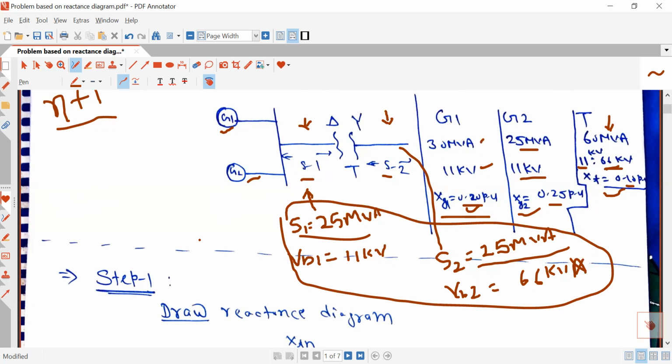So the main task is to convert each and every reactance on base value of this. The reactance of the generator 1 is 0.20 per unit, but its base value is 30 MVA, 11 kV.